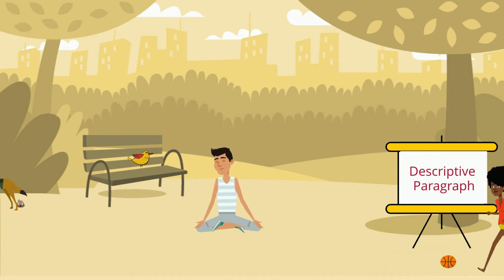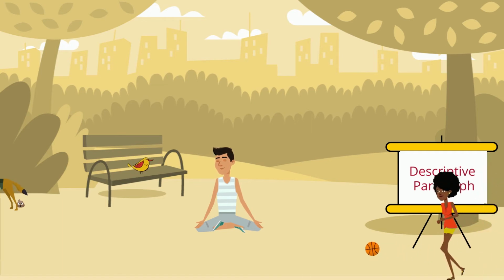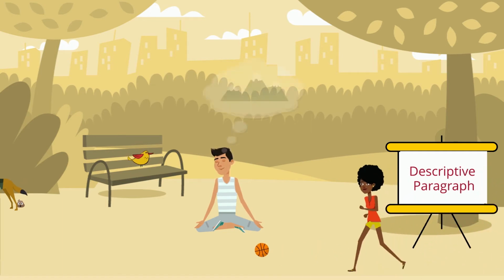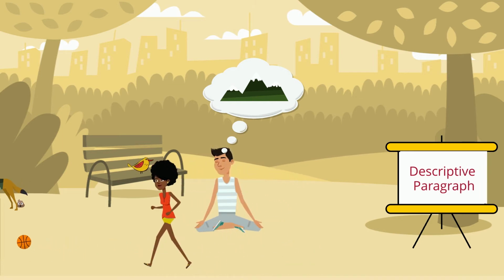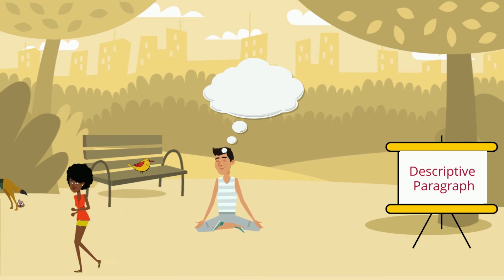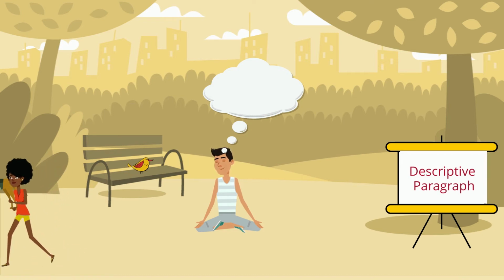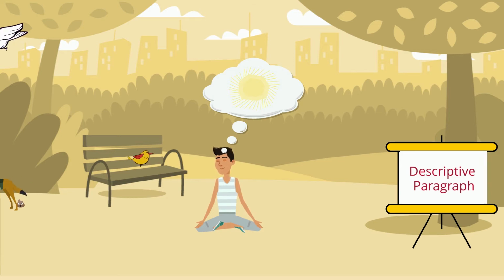Through description, writers can transport readers to faraway places, enable them to vicariously experience sensations such as the warmth of the morning sun on the back of their necks as a character hurries across a crowded city street at rush hour.